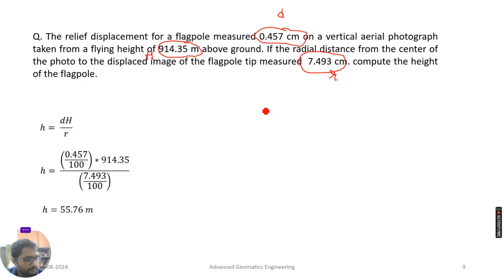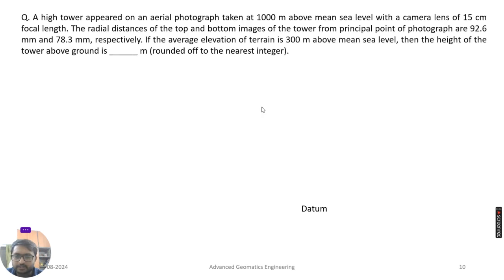So now we will go to the next question. A high tower appeared on an aerial photograph taken 1000 meter above mean sea level with a camera lens of 15 centimeter focal length.